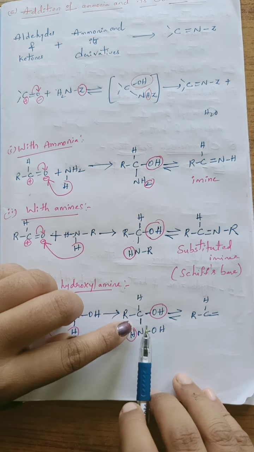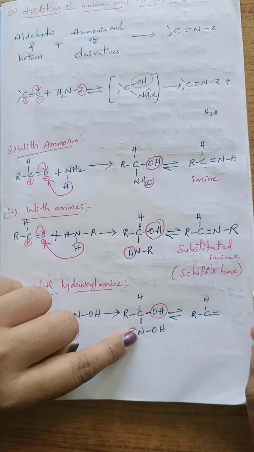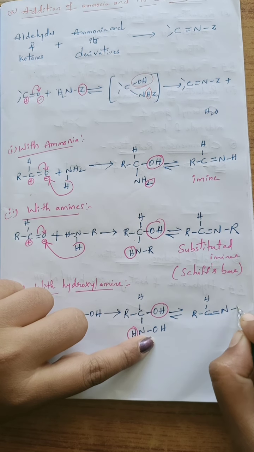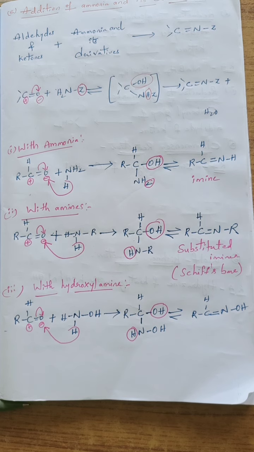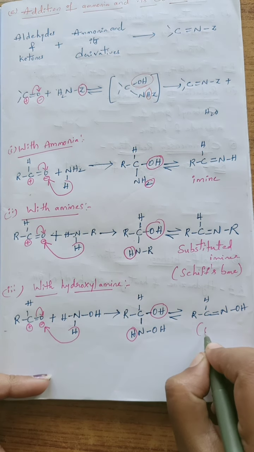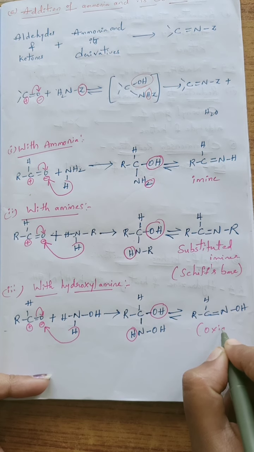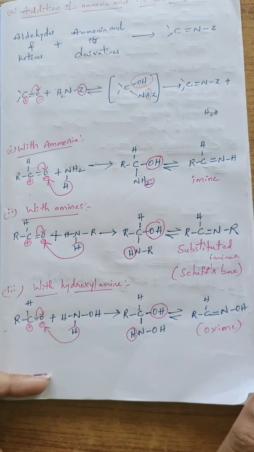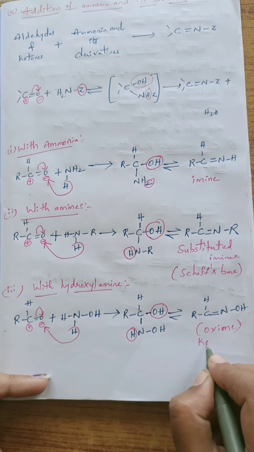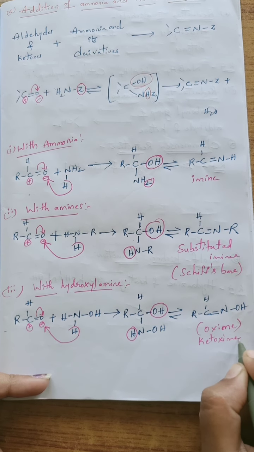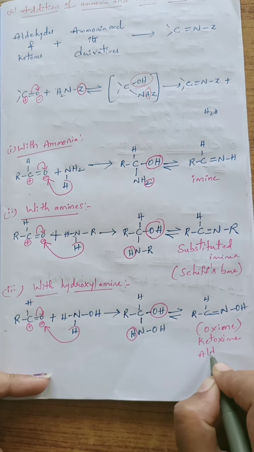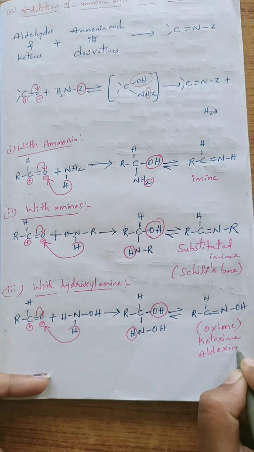Okay, here whatever is there I am writing this side, double bond N, and to that nitrogen OH is present. Okay, this is known as oxime. If it is formed from a ketone, that is known as ketoxime. If it is formed from an aldehyde, that is known as aldoxime.